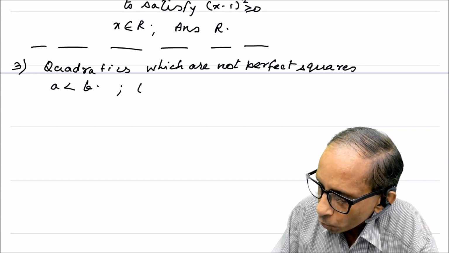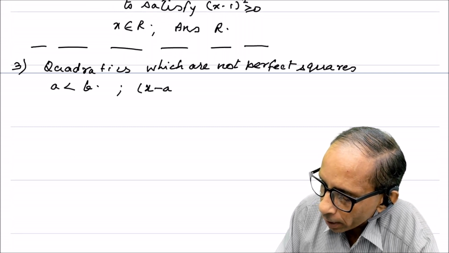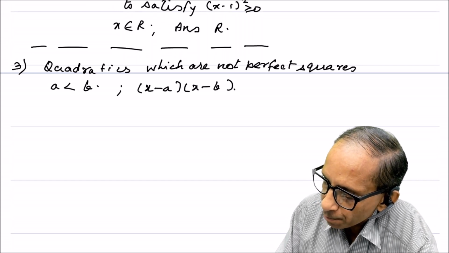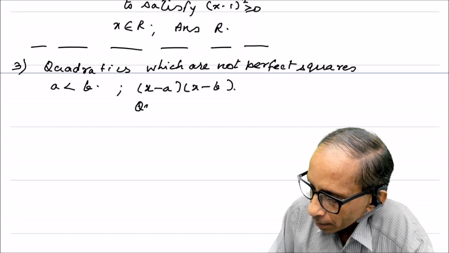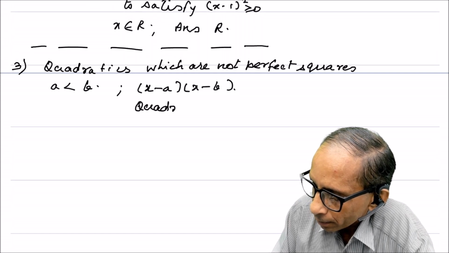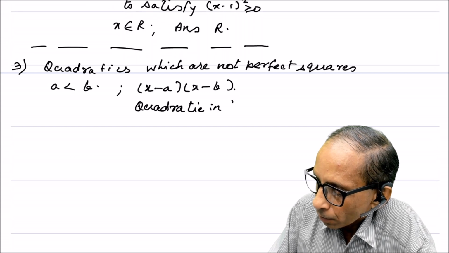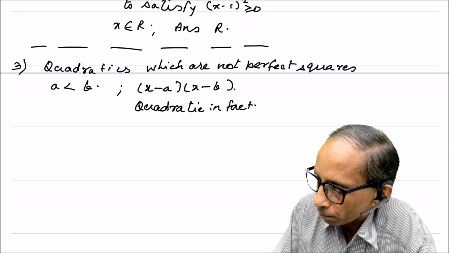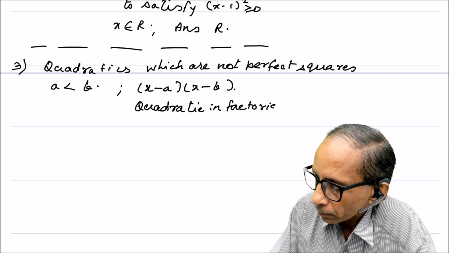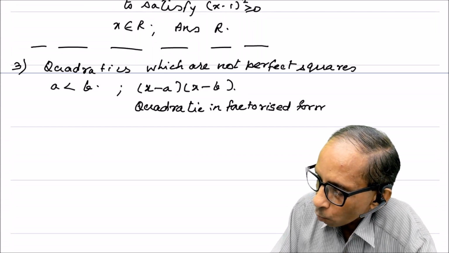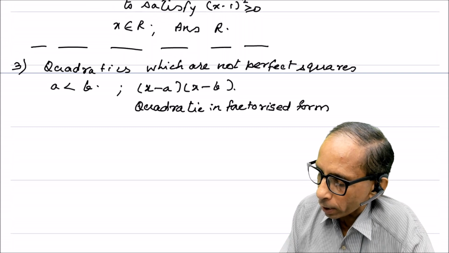Then we are going to consider a quadratic which has been given in this particular form, a quadratic in factorized form. What we considered first was quadratics which were perfect squares.